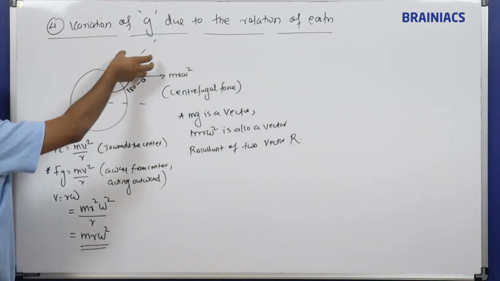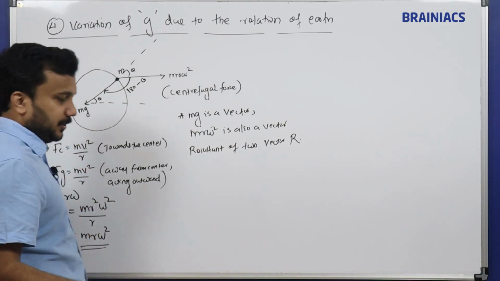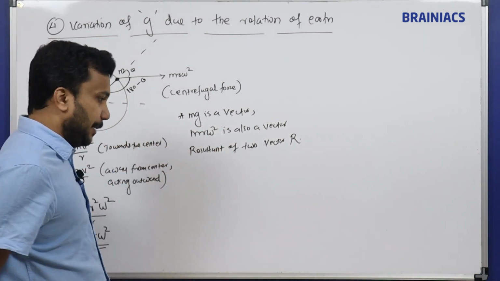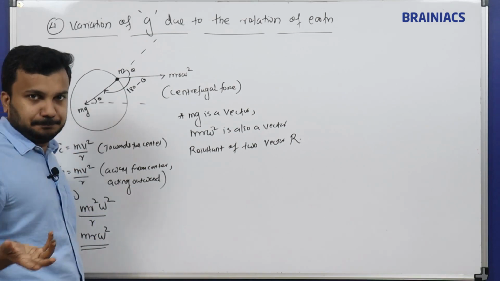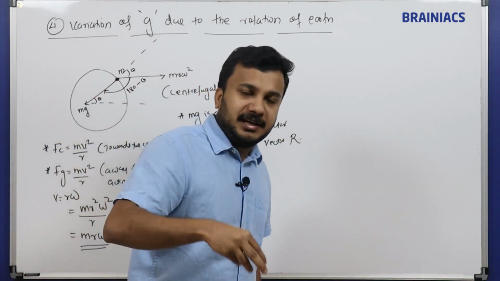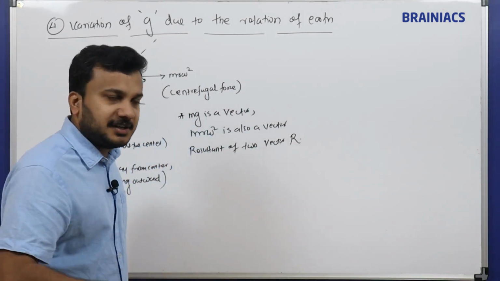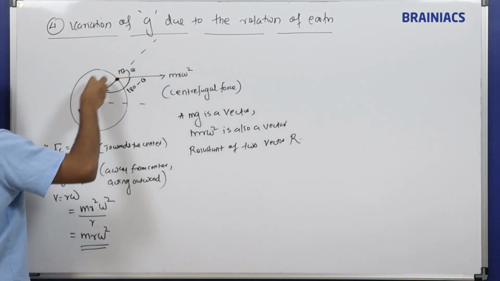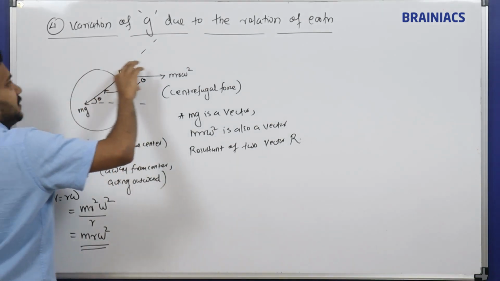And mg is also a force; we can also call it weight. Mass into acceleration, ma, is generally called force. If instead of a, g is there, we call it weight.